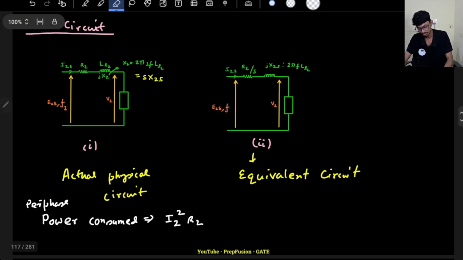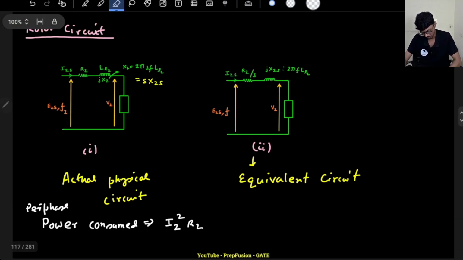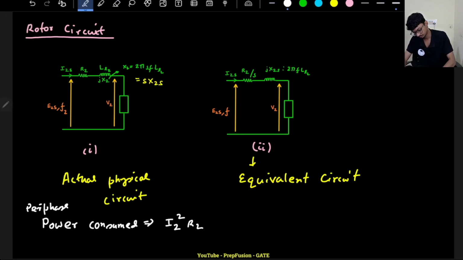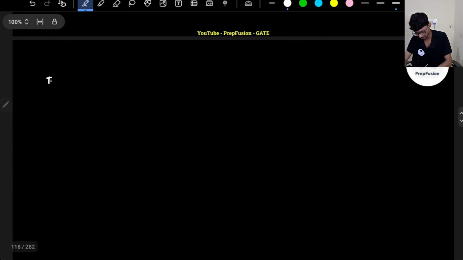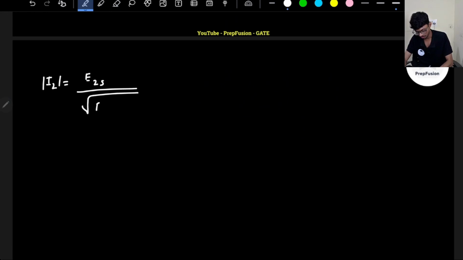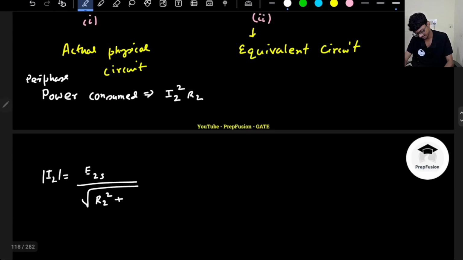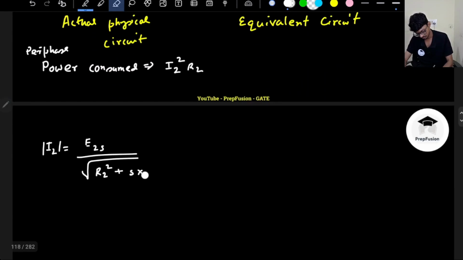So what is I2 equal to? In the first circuit, I2 is simply E2S divided by, talking about the magnitude, square root of R2 whole square plus (S into x2S) whole square.